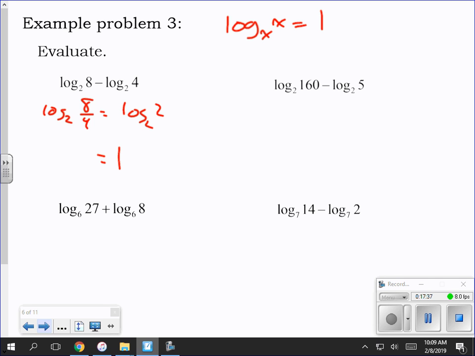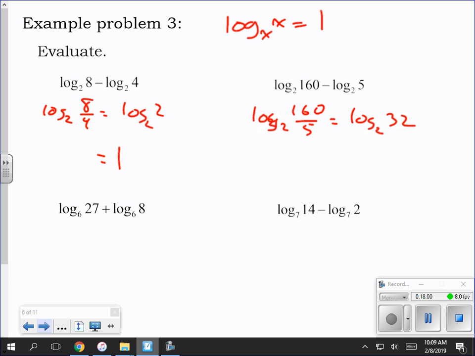The next one. Log base 2 of 160 divided by 5. Log base 2 of 32. Thank you, 32. Okay, now I have an issue. I don't have log base 2 of 2. I have log base 2 of 32.